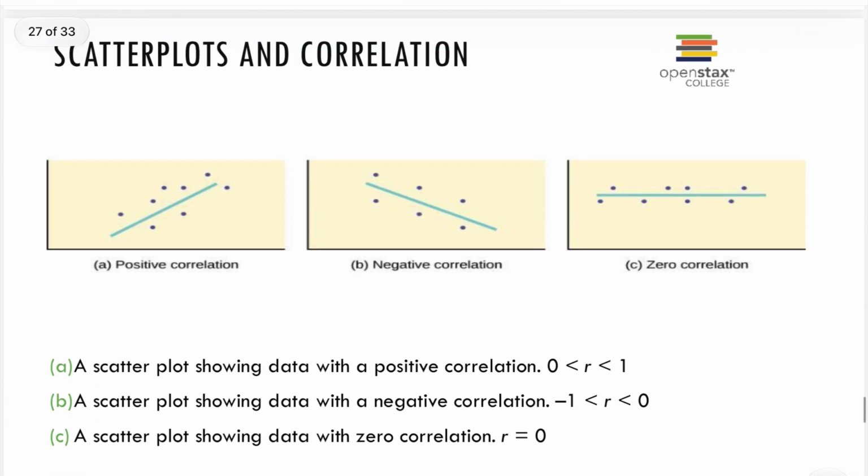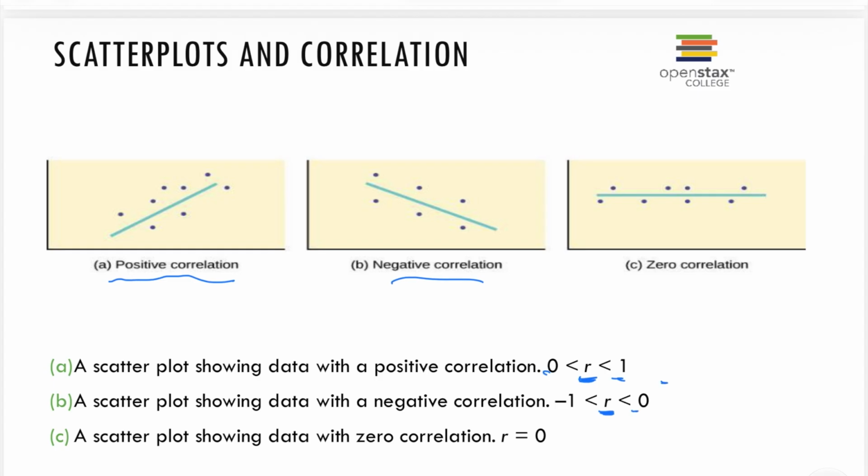So if you take a look at these examples, positive correlation, positive correlation. So R is greater than 0 but less than 1. Negative correlation, R is greater than -1 but less than 0.